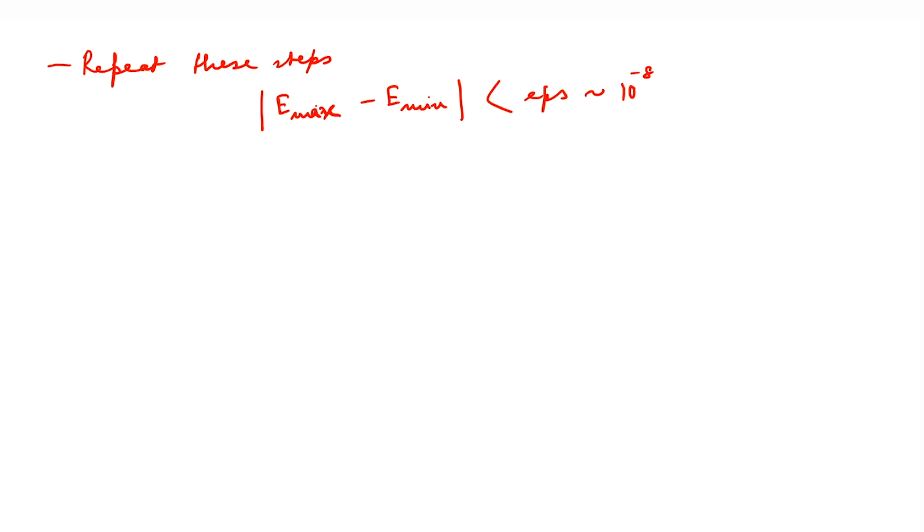Once it is done, we say my solutions have converged. This defines the convergence criteria. The corresponding psi gives me the wave function, and the corresponding value of E gives me the energy eigenvalue.